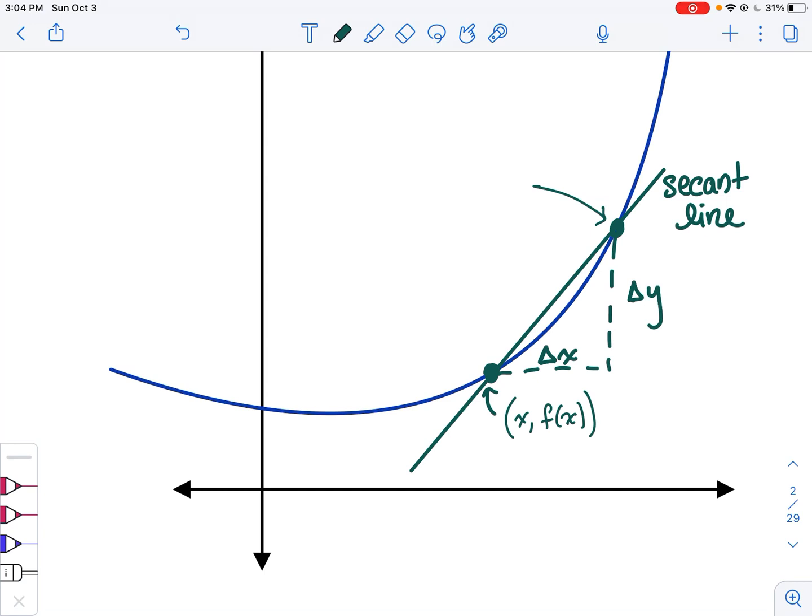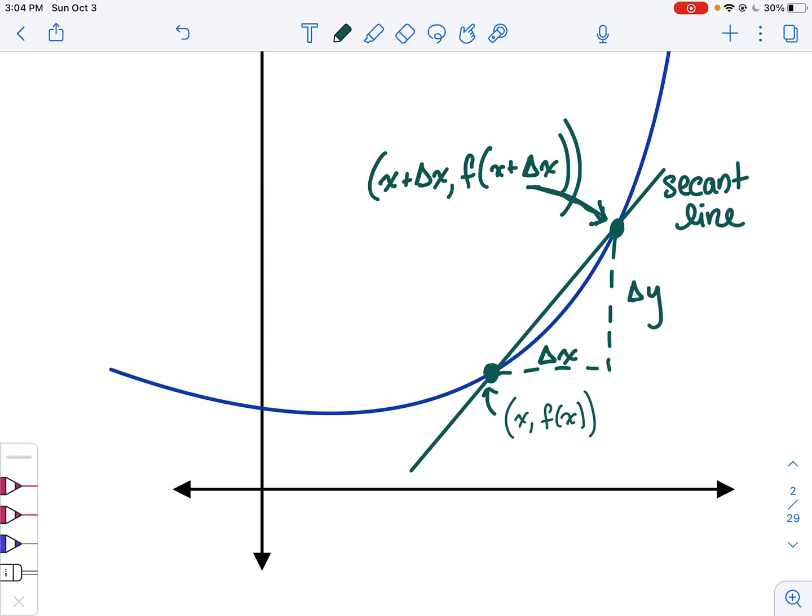Slope, rise over run. So how then can we get to the ordered pair for this second point up here? So now I have x plus delta x, comma, f of x plus delta x. All right, so that's now my ordered pair.